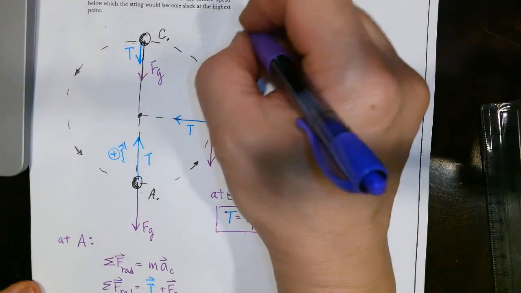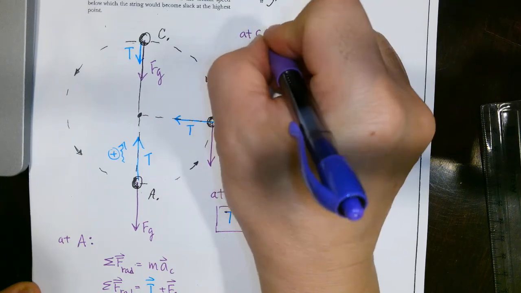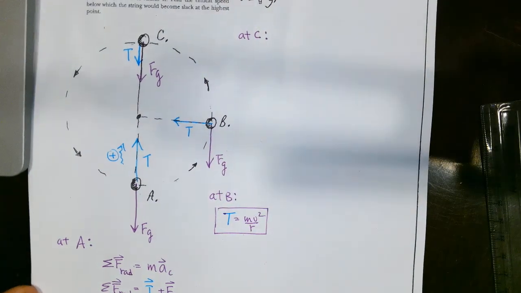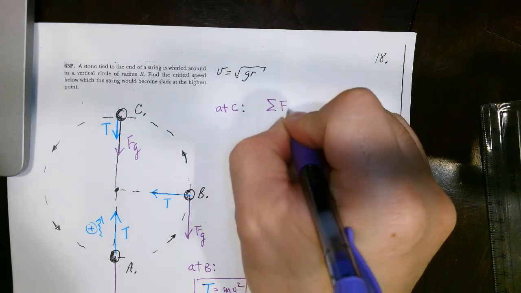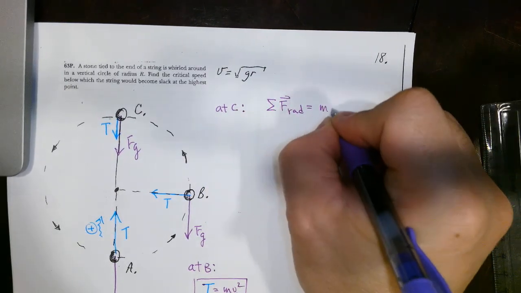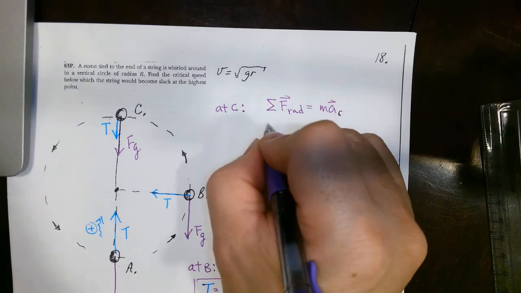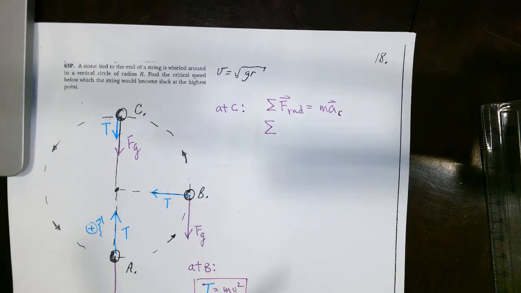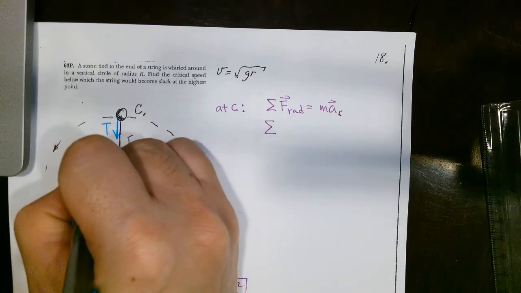Now what about at the peak, the highest point, at C? Here, the sum of all forces radially is equal to m a_c, right? And there are two forces again, and again, in towards the center will be the positive direction.